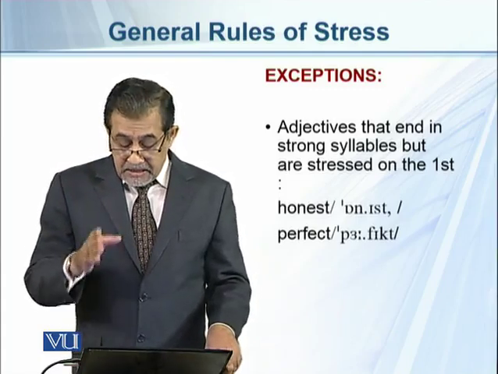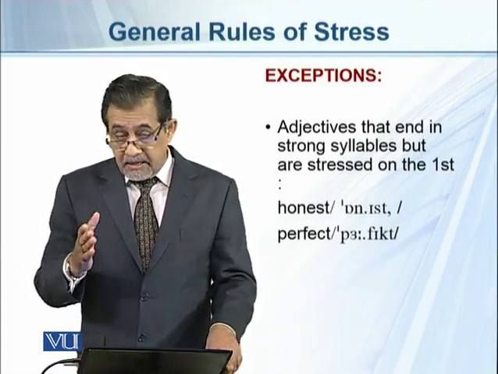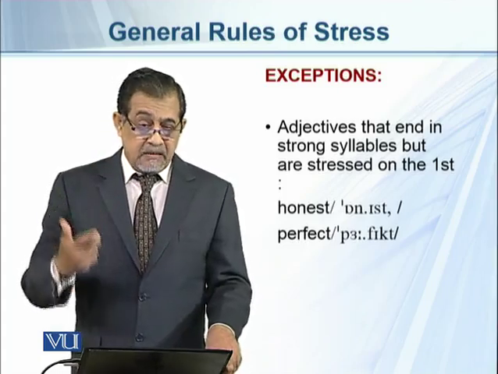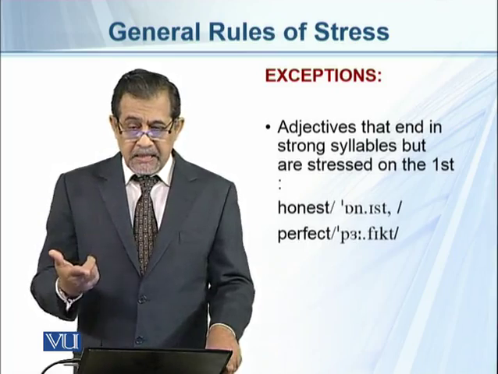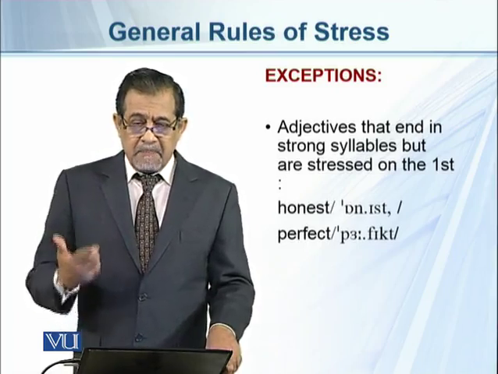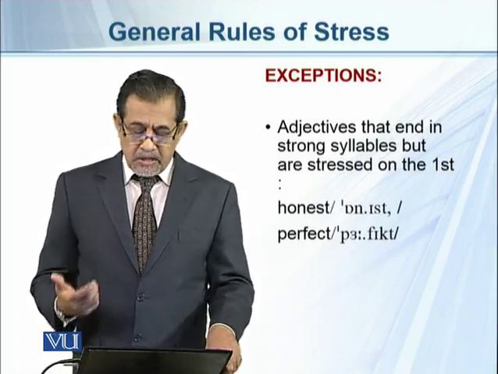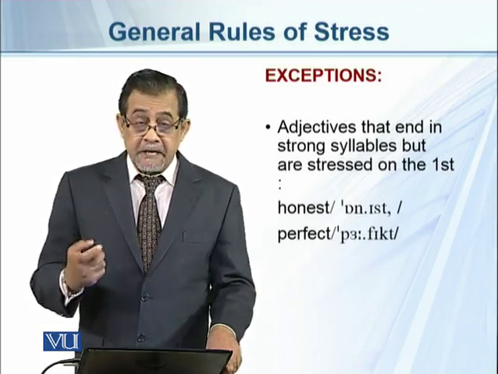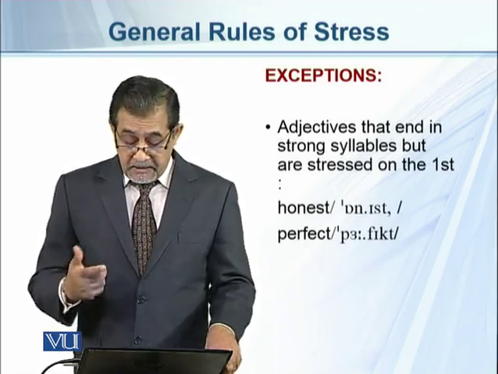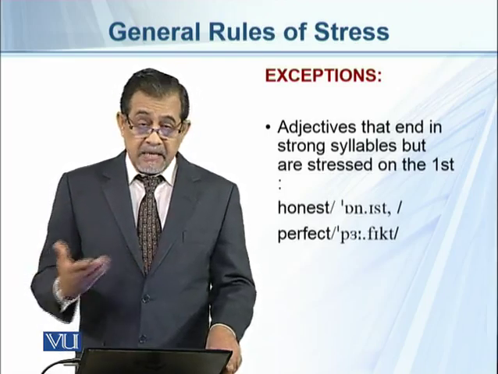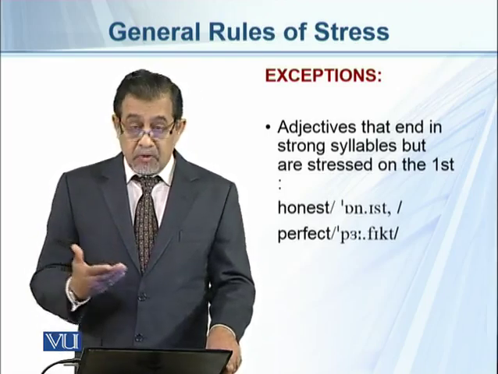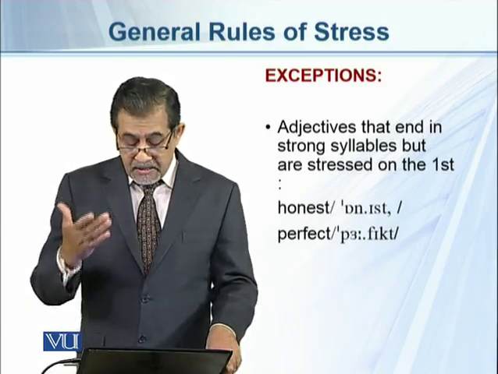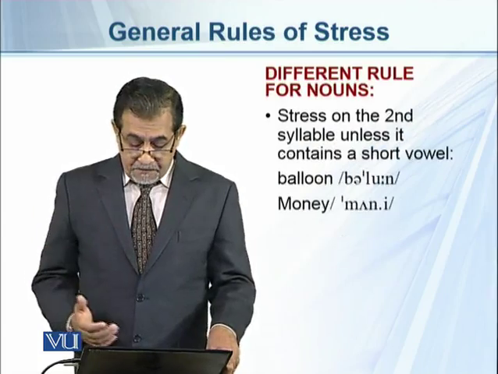If you look at this, ist in honest, we have two consonants, and generally two consonants in a syllable make it a stronger syllable. And similarly, fect in perfect, we have two consonants again, but these are exceptions, and exceptions are always there in language. So we will pronounce them honest and perfect.